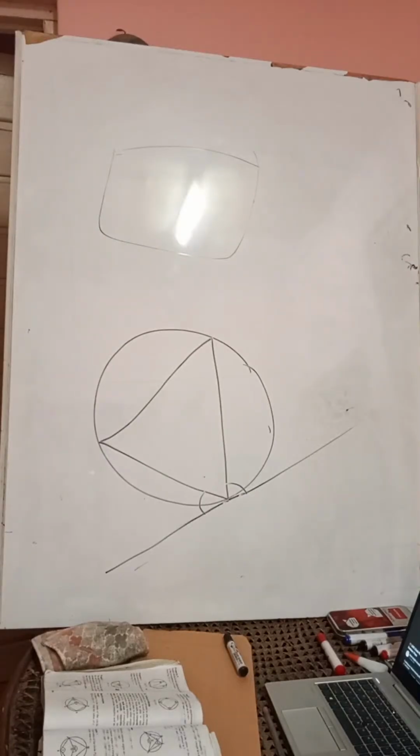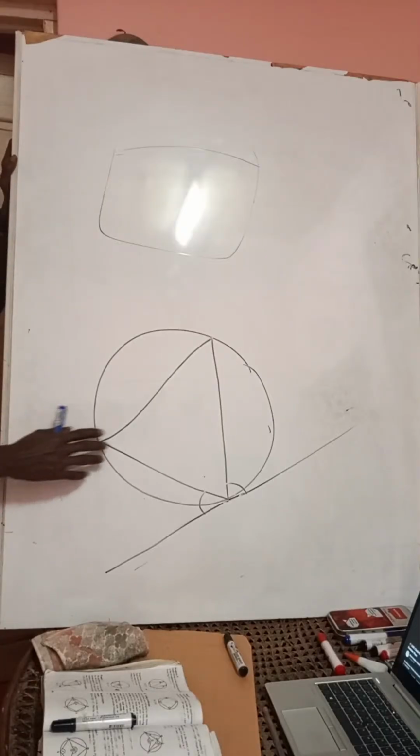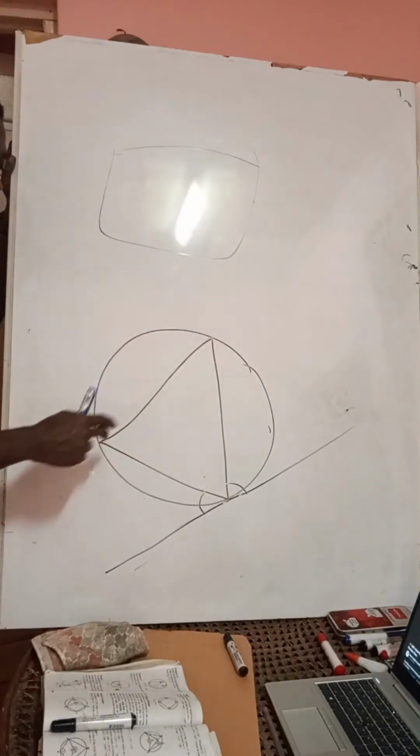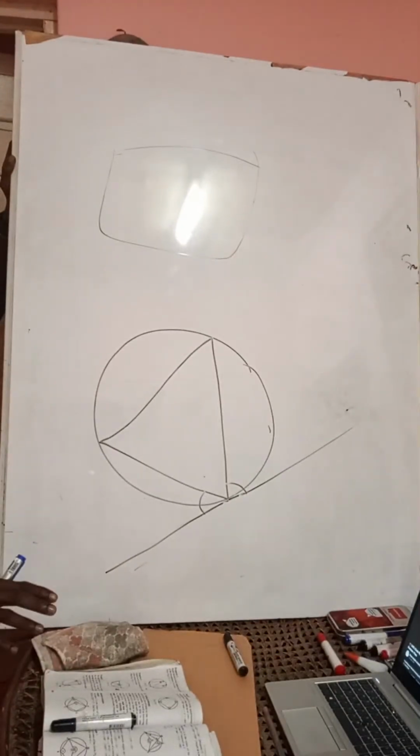This one really confuses most students. Most especially, you should note this: whenever you are solving this kind of question, you should consider only triangles where all the sides touch the circle. If a side doesn't touch the circle, you can't apply this law.